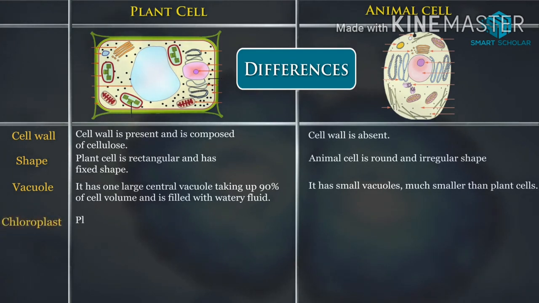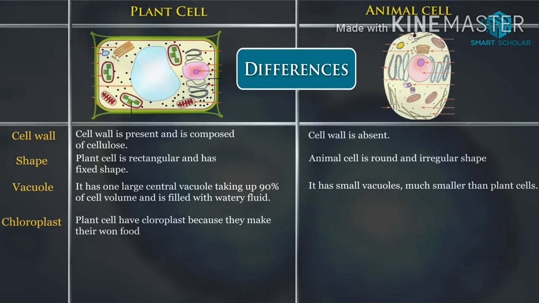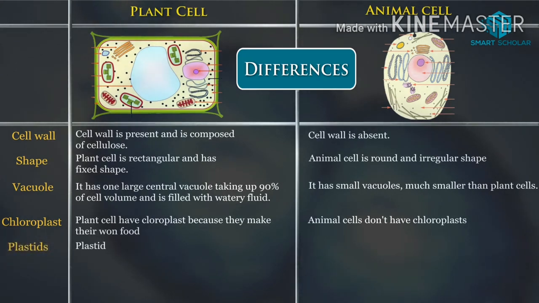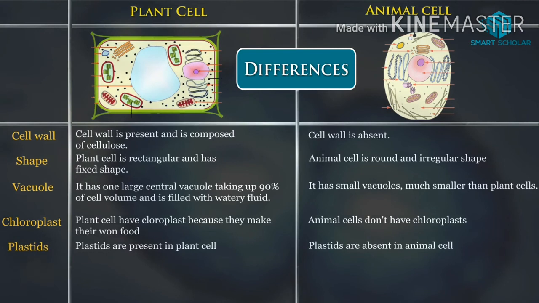Chloroplast. Plant cells have chloroplasts because they make their own food, whereas animal cells don't have chloroplasts. Plastids. Plastids are present in plant cells, whereas plastids are absent in animal cells. Lysosomes.